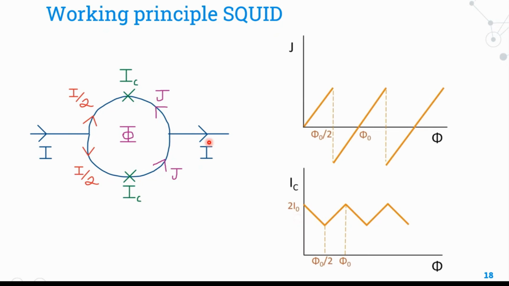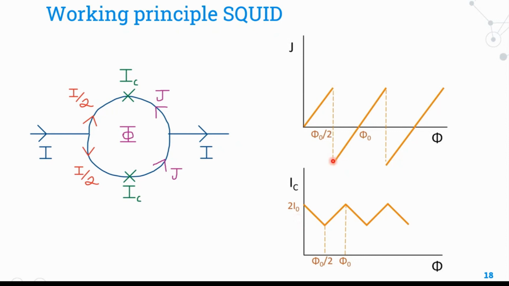If I represent this graphically, the circulating current will increase in proportion to the magnetic flux until the point corresponding to half of the flux quantum. At half quantum it will be at its maximum. Since the circulating current is proportional to the energy, at the peak point it is energetically favorable to reverse direction to maintain the same magnitude.